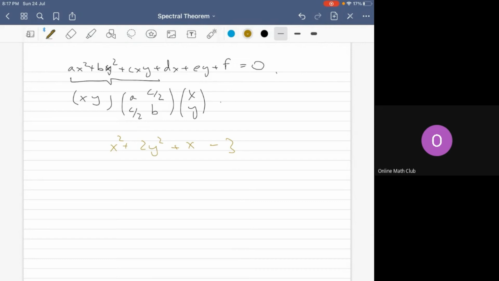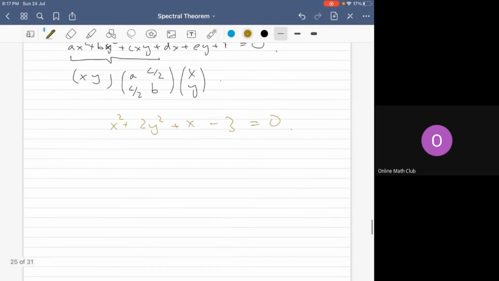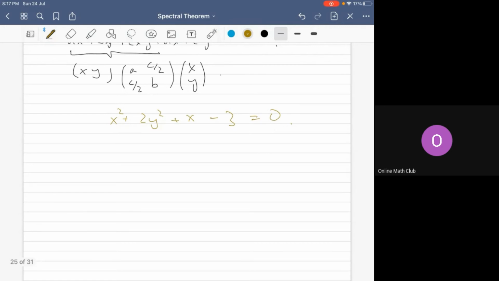Okay, so the main idea is that if, let's say, for now that C was 0 and the conic was something like this, then what we could do is complete the square in this portion to get x plus half squared minus 1 by 4 plus 2y squared minus 3.